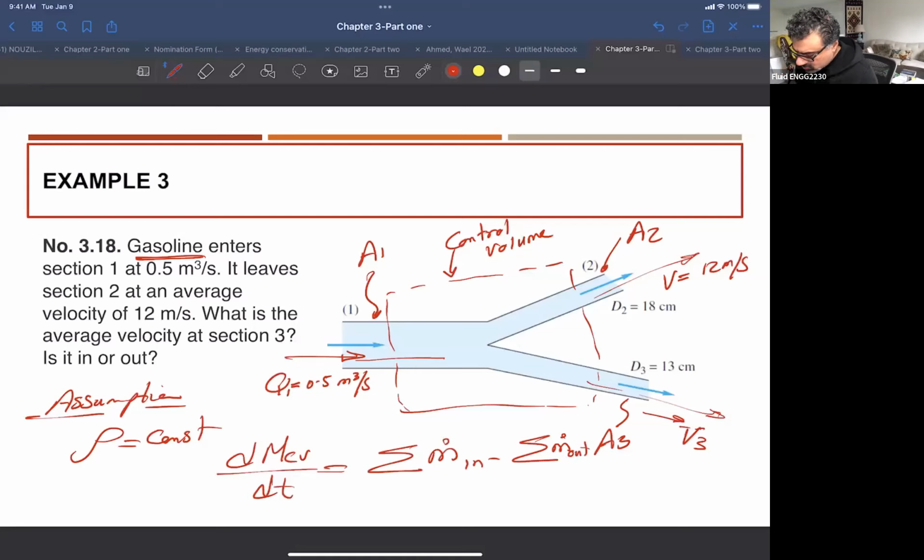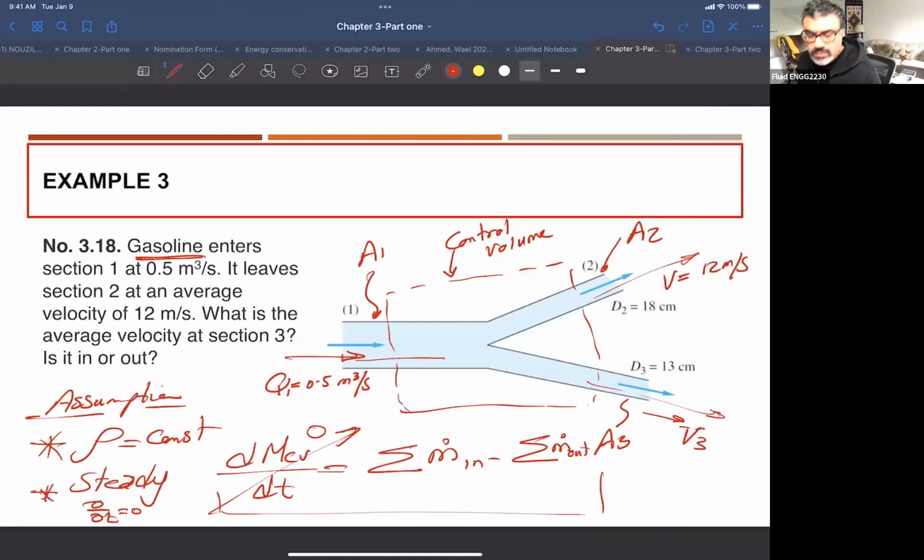Okay, so what do you think about this problem as a second assumption here? What other assumption is needed in order to solve this equation? Very important: incompressible, it's done. Okay, steady state, right, or a steady flow. Steady means d by dt is equal to 0, which means that this term will be gone, right?